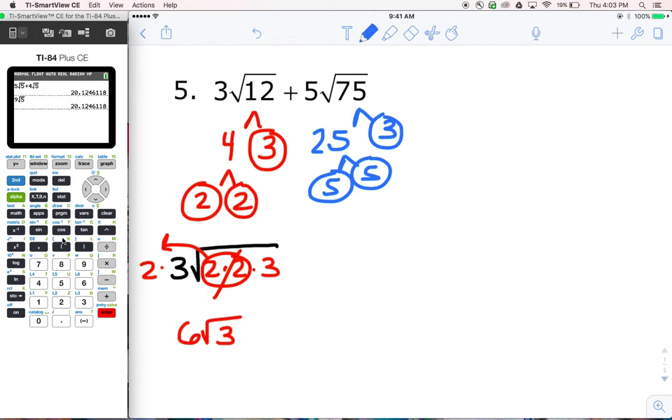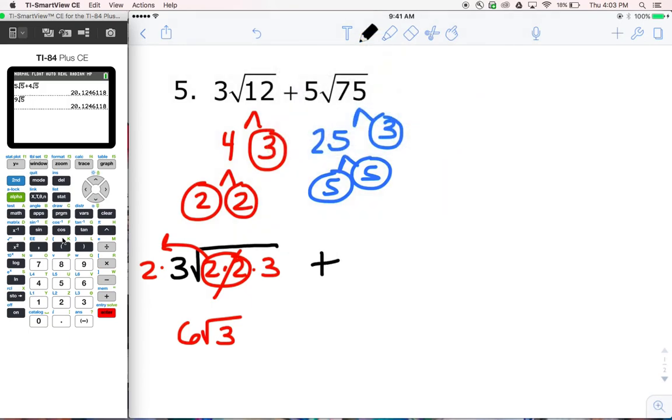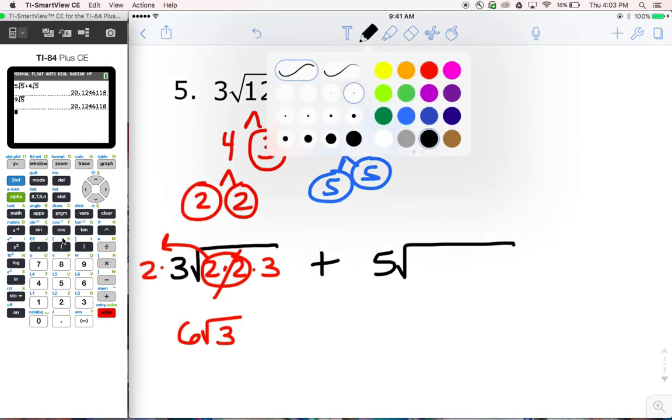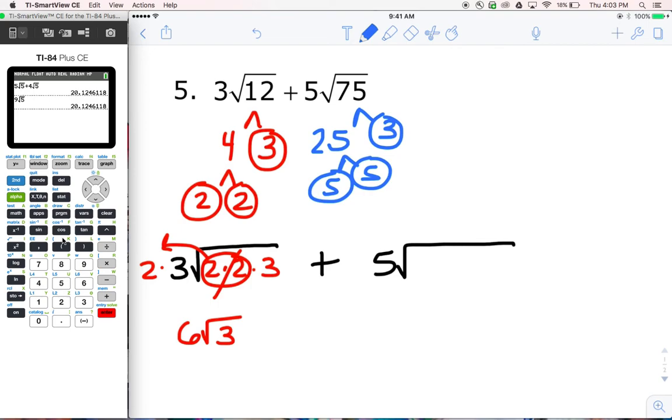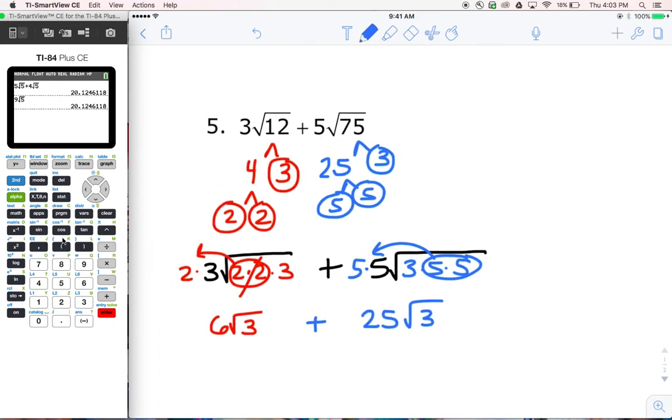Okay, so I've still got plus 5. And now I know that my prime factors inside are 3 times 5 times 5. Got a pair of 5s I can bring out. So I've got plus 25 square root of 3.